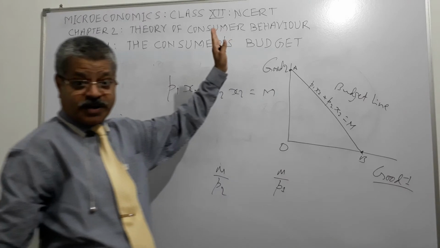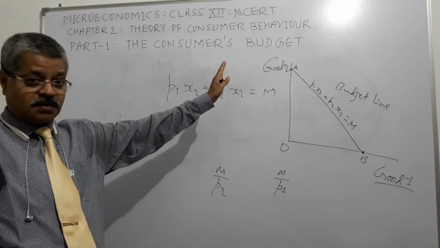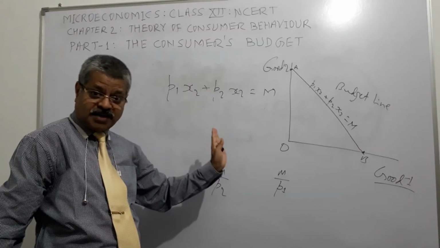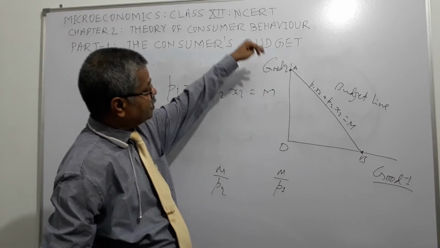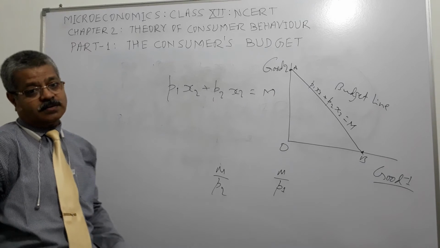And in the case of the vertical intercept, it is the bundle the consumer can buy if he or she spends the entire income on good 2, right?